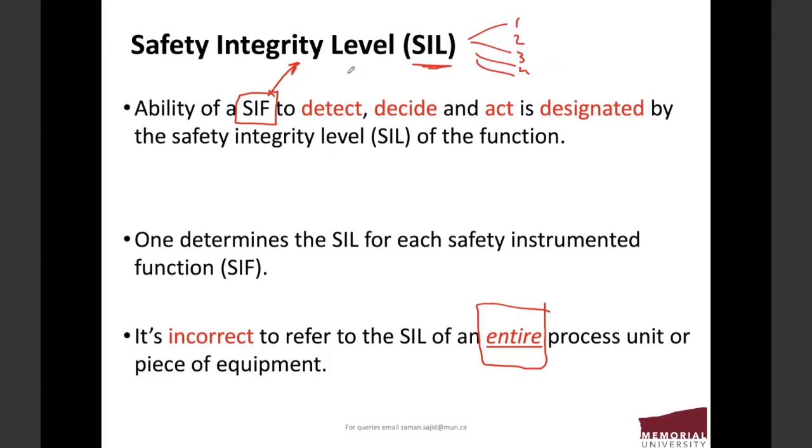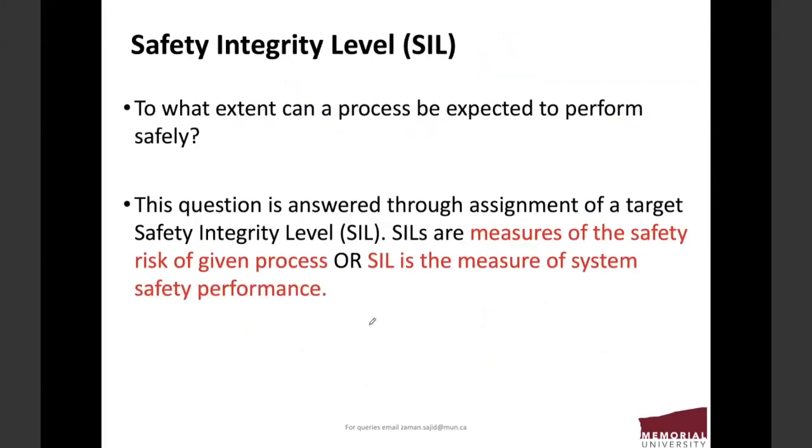However, we cannot define a SIL for a whole system, which becomes a safety instrumented system. So it is incorrect to refer to the SIL of an entire process unit or a piece of equipment. To what extent can a process be expected to perform safely?